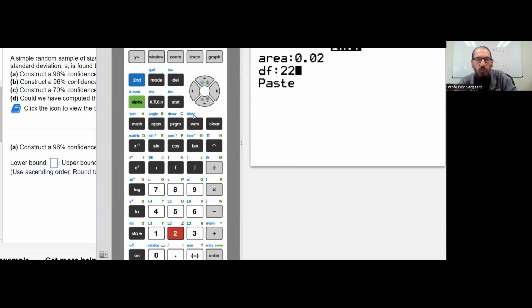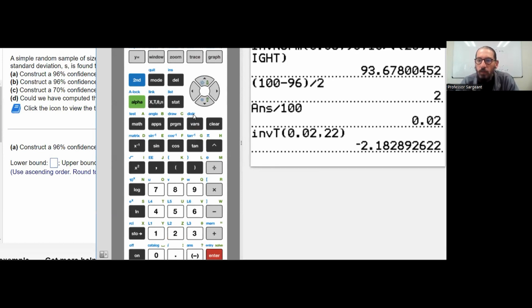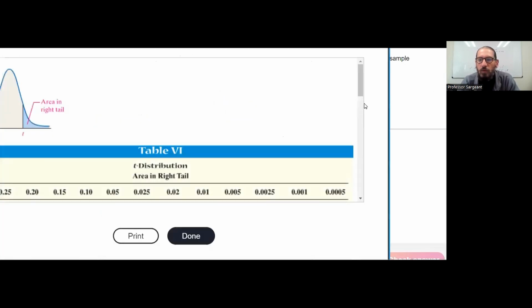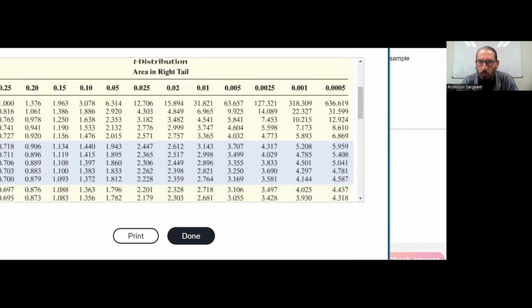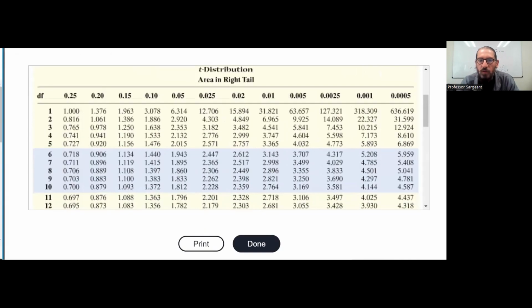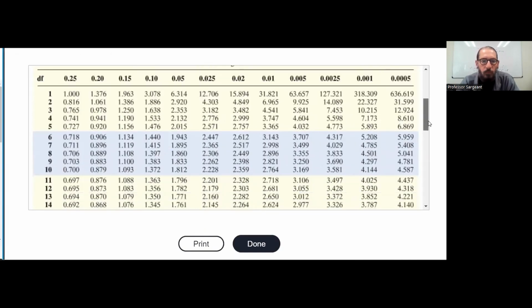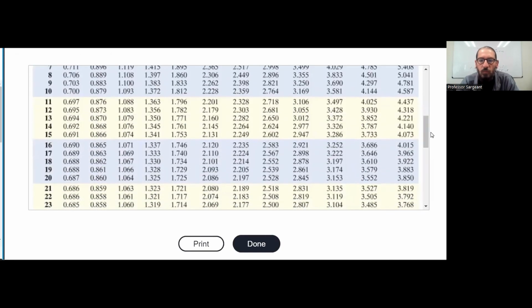There were 22. That was one less than the sample size of 23. And that's going to the left. If we round that, that's going to be negative 2.183. Going to the right is what we found in the table, where the 0.02 column was intersecting the 22 degrees of freedom row.